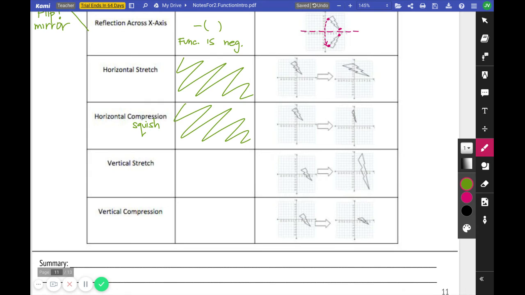Okay, vertical stretch, vertical compression, both of them are done by multiplying a number in front of our function. And we're going to dive into this a little bit more in Desmos, and I think that'll make your life a little bit easier. A stretch, A is bigger than 1. A compress, A is smaller than 1.